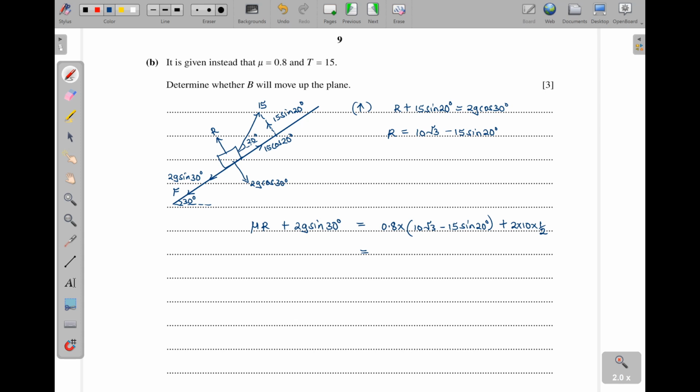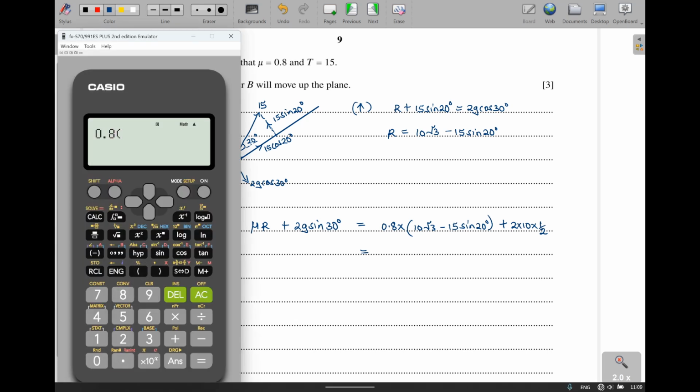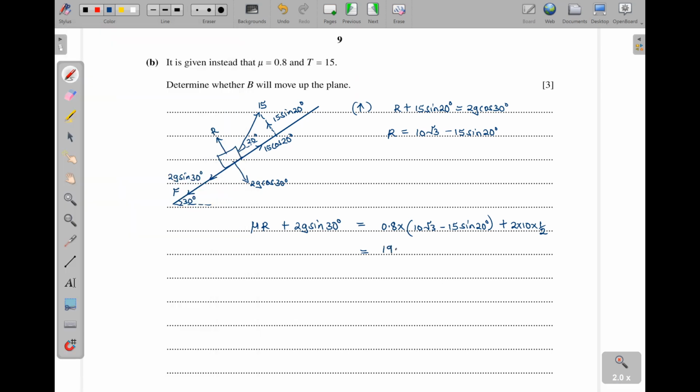So what do we get all together here? 0.8 into 10 root 3 minus 15 sine of 20, then plus 20 divided by 2, that will be 10. So plus 10, what do we get? We have 19.75216474.